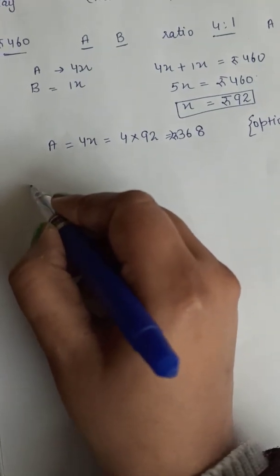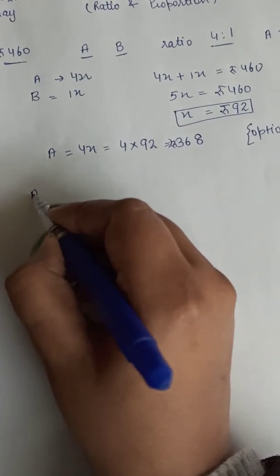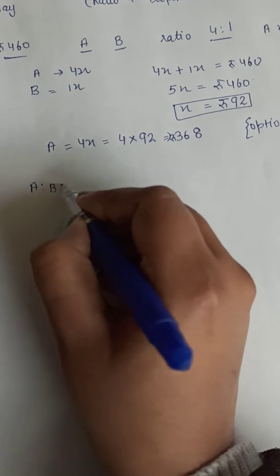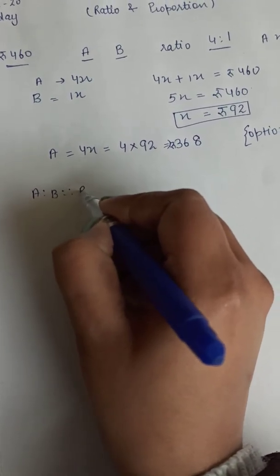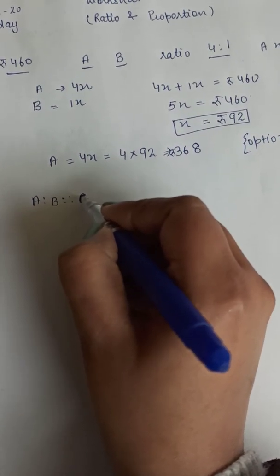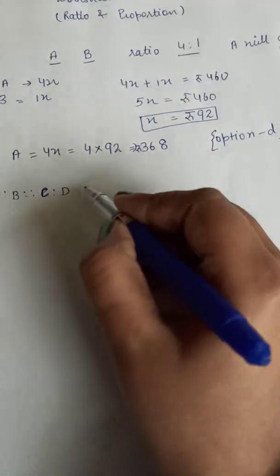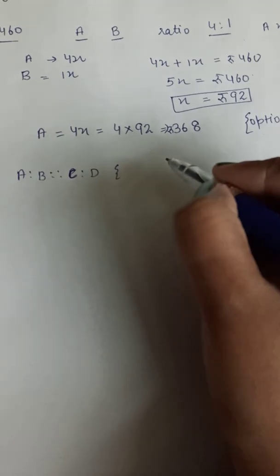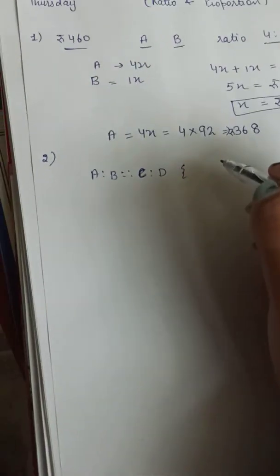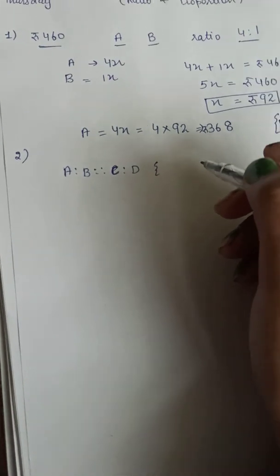So look, proportion case is this one like A ratio B, proportion to C ratio D, right? This is the formula of proportion when 4 terms are in the proportion.